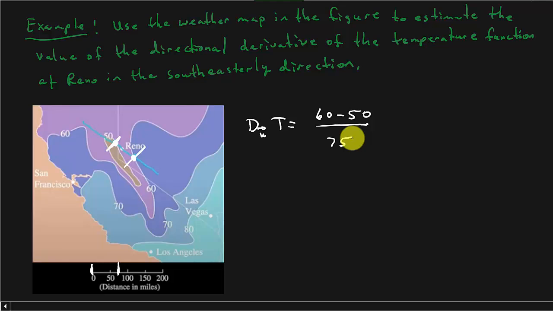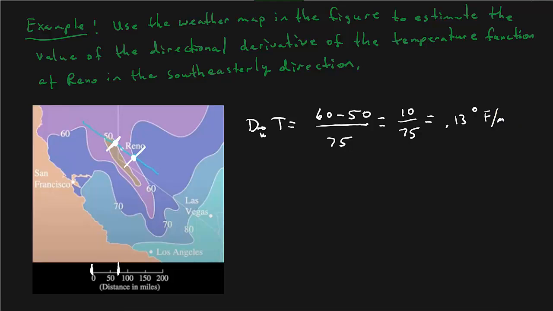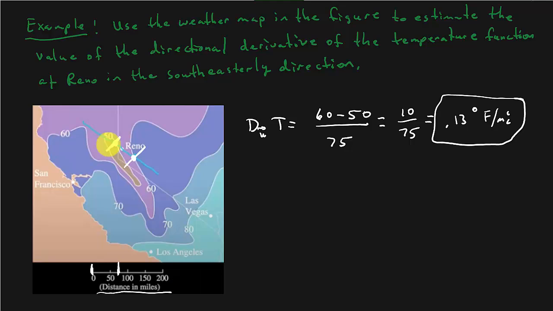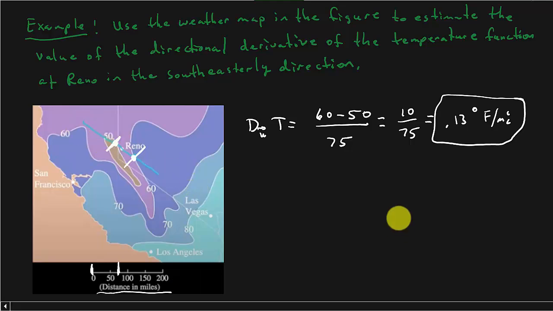That's the distance between those two points, approximately. So that's 10 over 75, which is 0.13 degrees Fahrenheit per mile, and there's your answer. The distance is in miles. That's all we're doing. Isn't the derivative a rate of change? They give us the direction that we're going here.